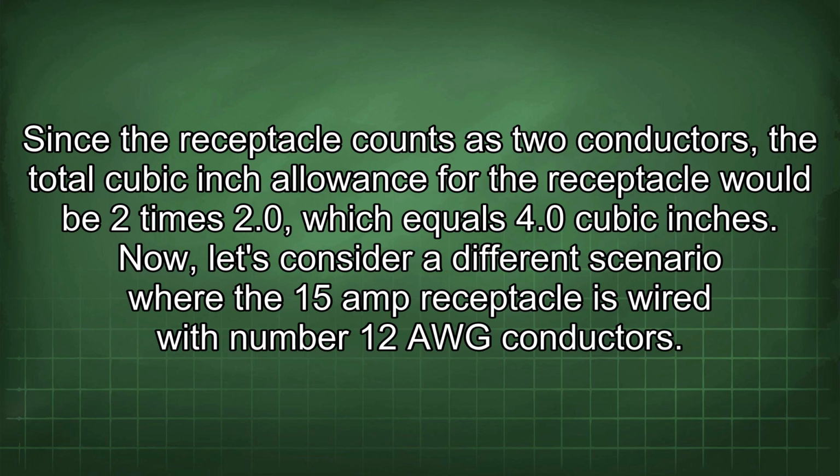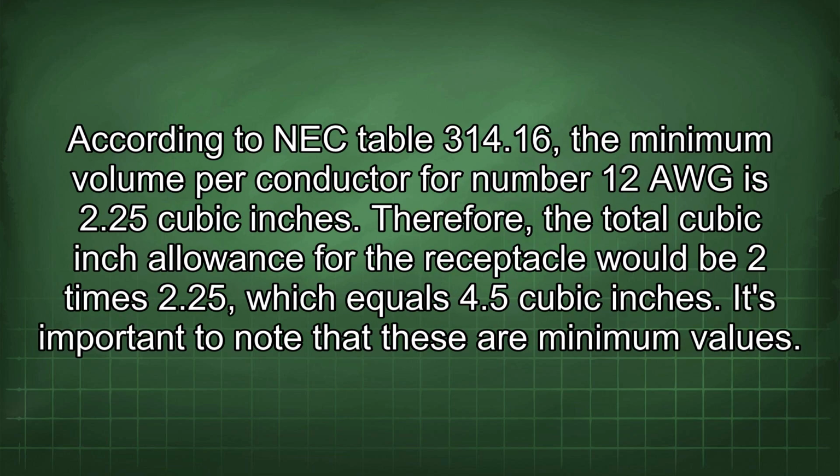Now let's consider a different scenario where the 15-amp receptacle is wired with number 12 AWG conductors. According to NEC Table 314.16, the minimum volume per conductor for number 12 AWG is 2.25 cubic inches. Therefore, the total cubic inch allowance for the receptacle would be 2 times 2.25, which equals 4.5 cubic inches.